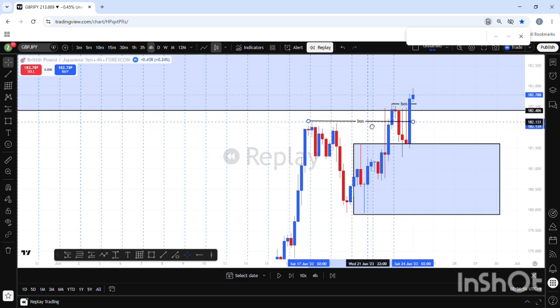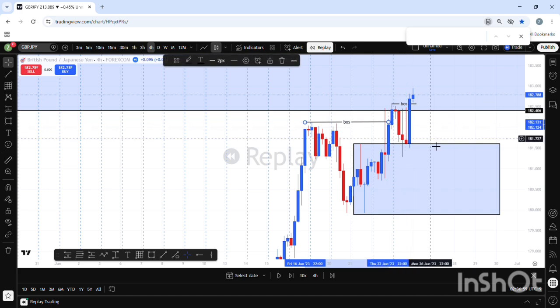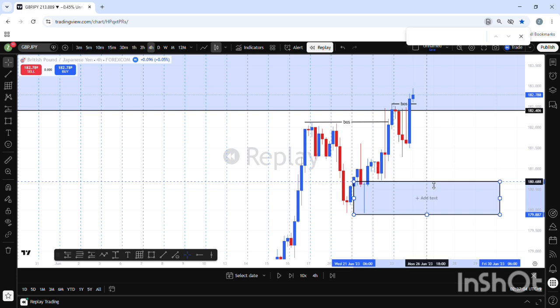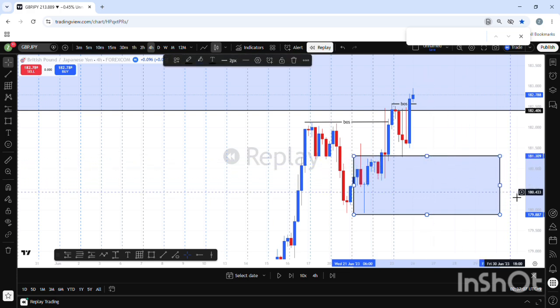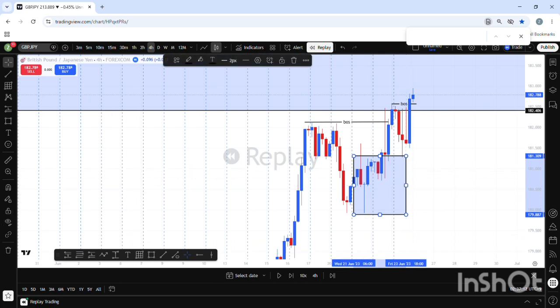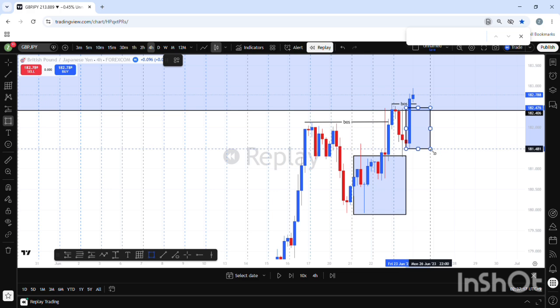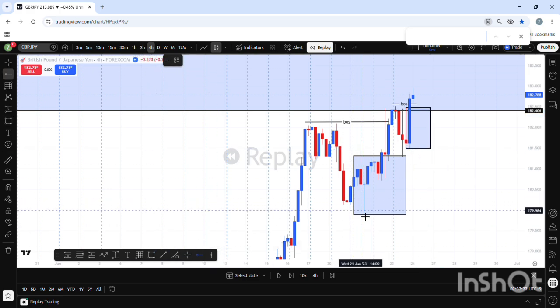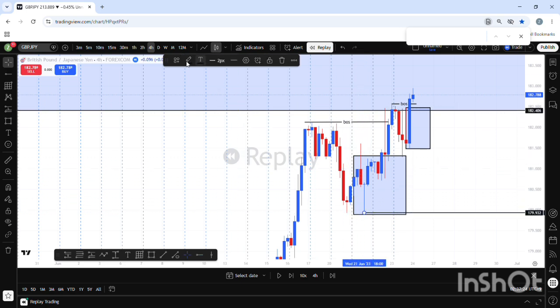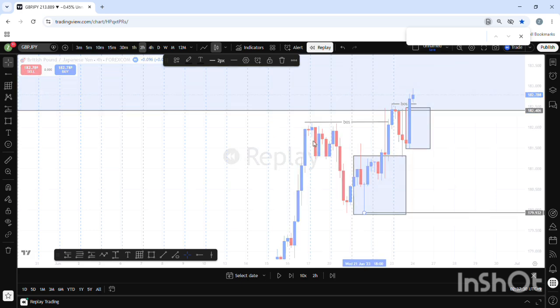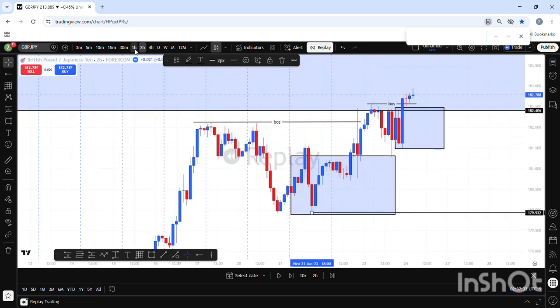Let's say you're working with a lot size of 1 and you're taking your entries at the daily time frame, my stop loss will be too big compared to someone who is taking the same entry after analyzing, and they are taking that entry at 15 minutes on one lot, and their stop loss is smaller than yours.